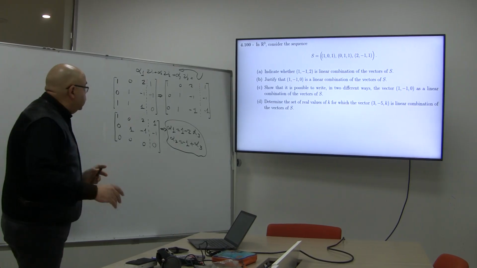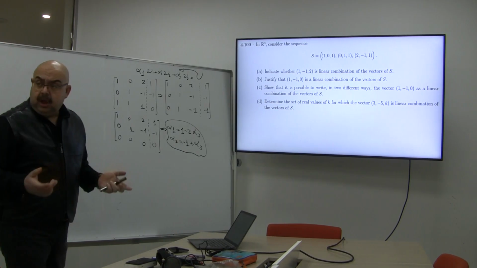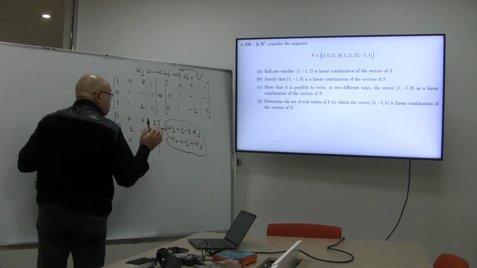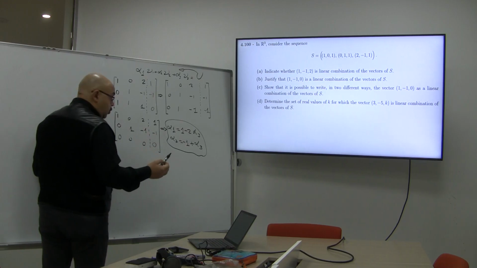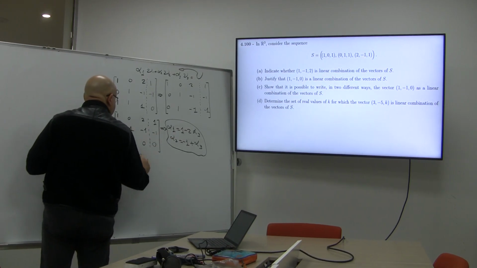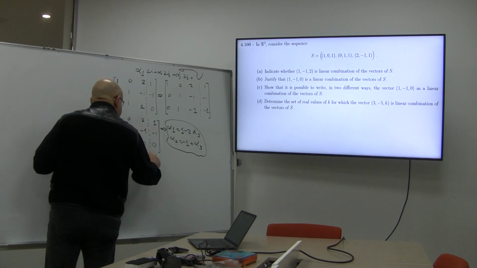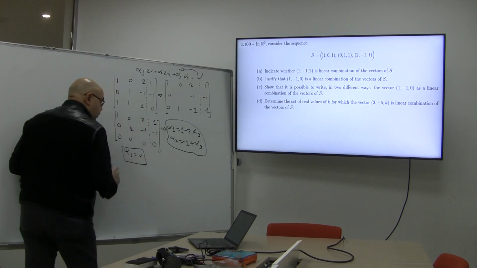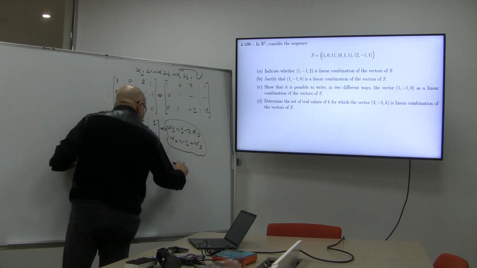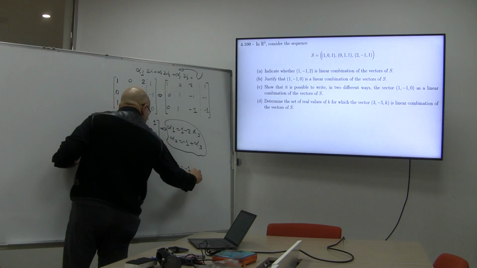All I have to do is to choose a value for alpha 3. So I can say that the first set for the vector u can be, let's consider alpha 3 equals 0. Okay? So if I put alpha 3 equals 0, this is going to give alpha 1 equal positive 1 and alpha 2 equal negative 1.